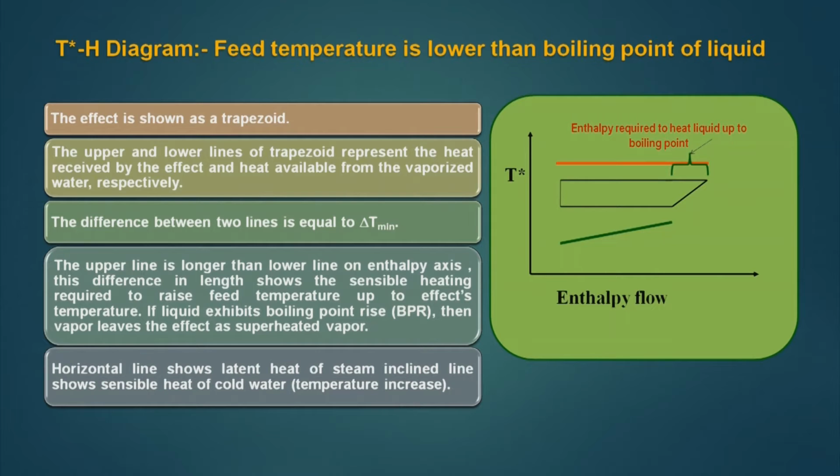If I cram more evaporators within these temperature levels, then each evaporator will work under a certain delta T minimum, because this is the maximum delta T which is available. But while doing so, my steam economy will increase, and that is why a multi effect evaporation system is utilized.